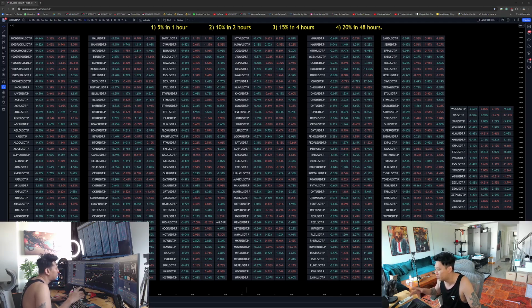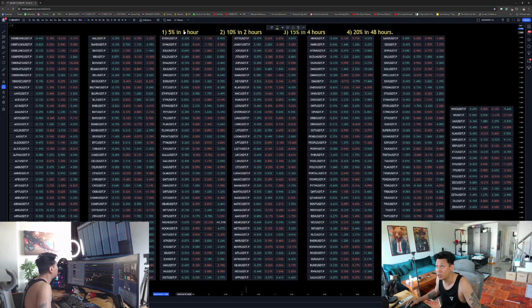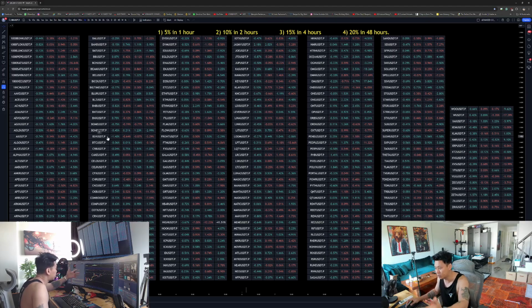So here I have 268 coins that are on Binance futures market, and it's all listed over here. So the way this works is it scans for volatility. Anytime any coin on Binance futures moves 5% in 1 hour, or 10% in 2 hours, or 15% in 4 hours, or 20% in 48 hours, each coin that's moving to any of those criteria.